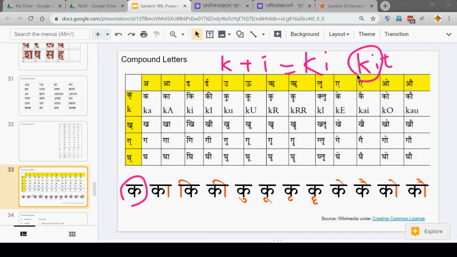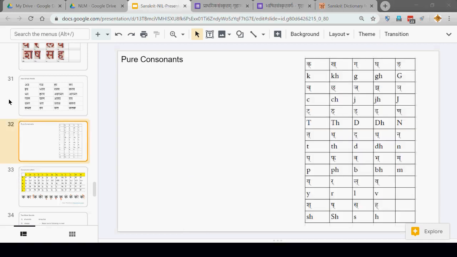The writing in Devanagari is like this. First we write the base symbol, and then we add a vertical line before it, and then make a loop at the top.